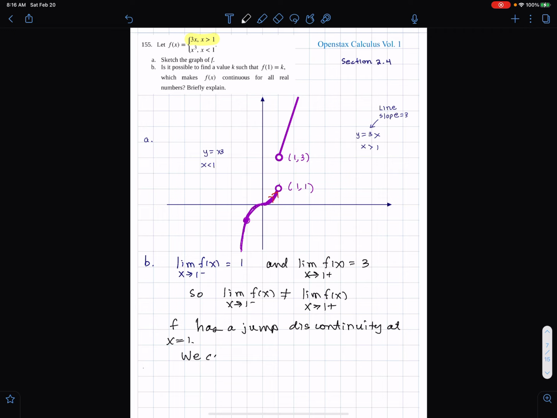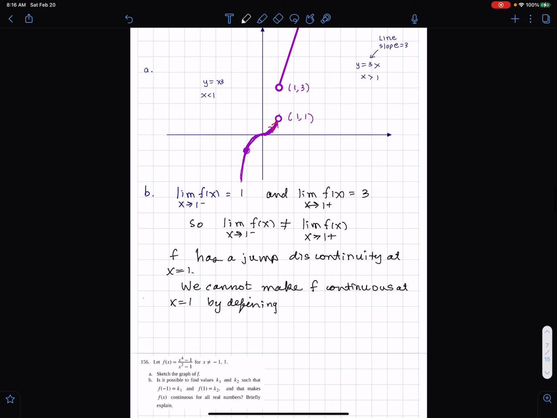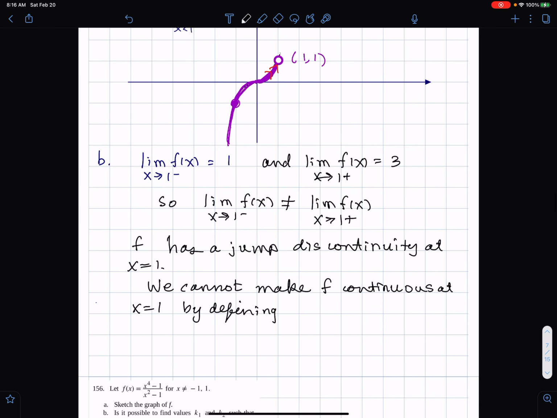We cannot make f continuous at x equals 1 by defining, my handwriting is starting to get a little messy, by defining f at x equals 1 to equal any value, to equal a value of k.